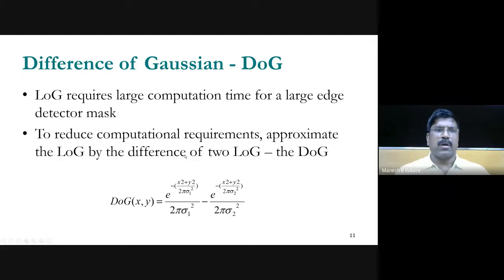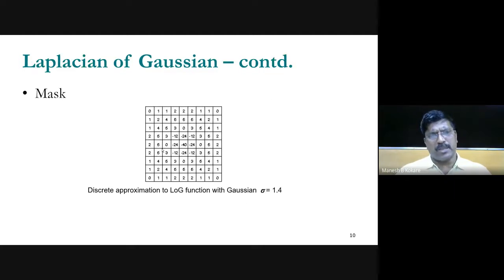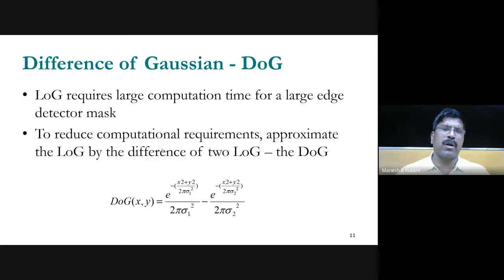Now, the computational complexity is higher in the case of Laplacian of Gaussian, because you have to remove the noise with the Gaussian function, then take the Laplacian, and finally find the edges. So this can be done in an alternate way: instead of doing all of that, you can take the difference of Gaussian. This is called the DOG operator, the difference of Gaussian operator.